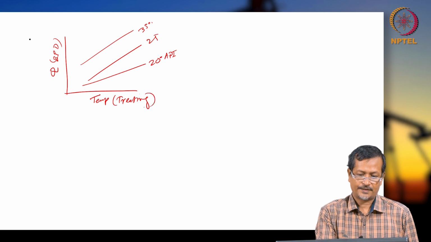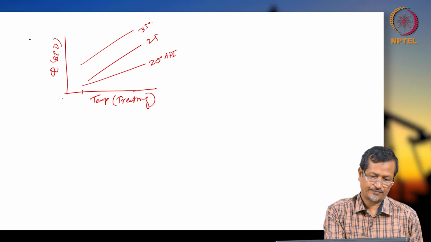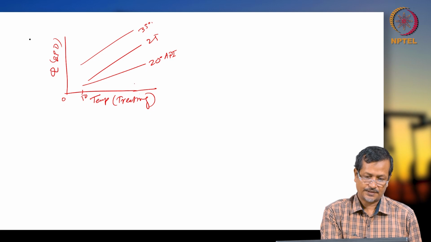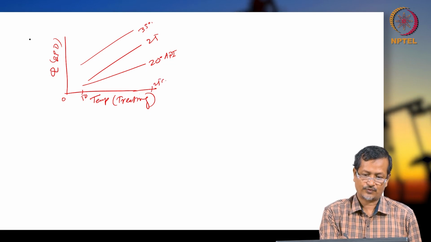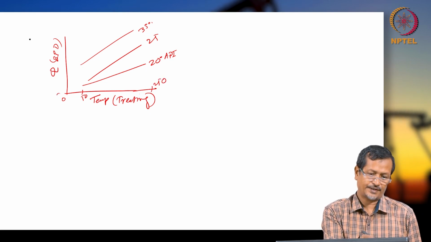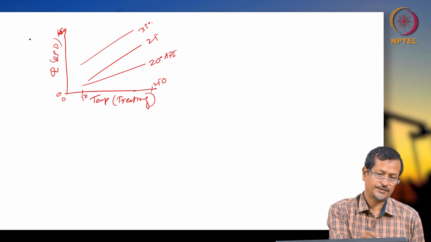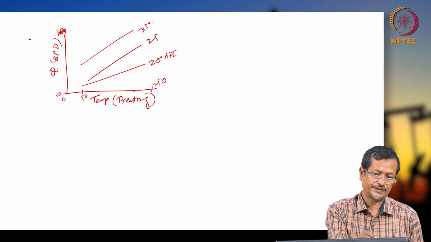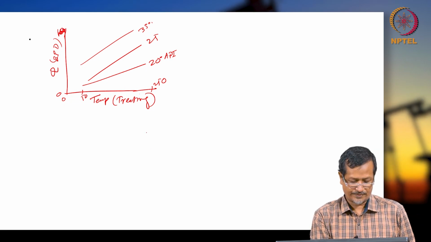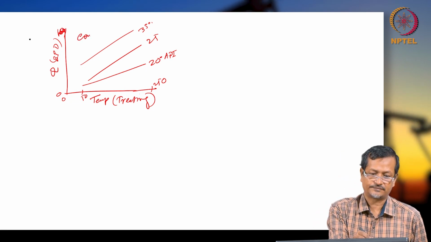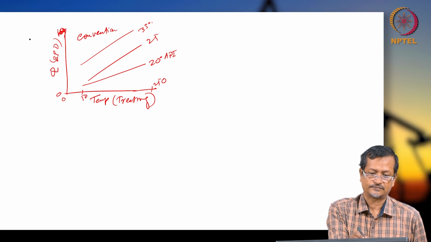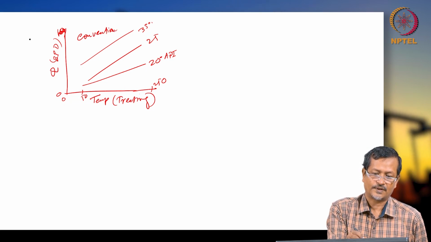Treating temperature ranges like 0, 50, 100, up to 250, and the flow rate range is also given, equally divided, not logarithmic. This is for the conventional treater.